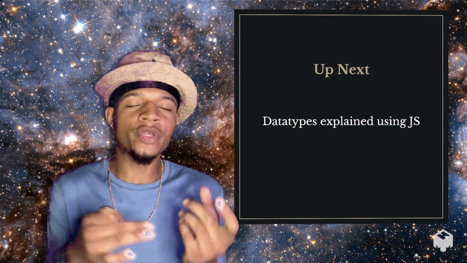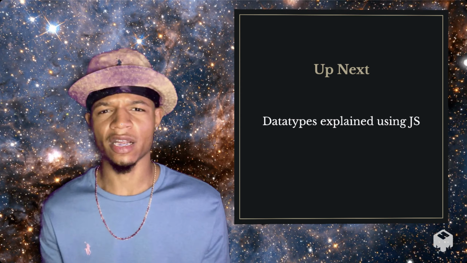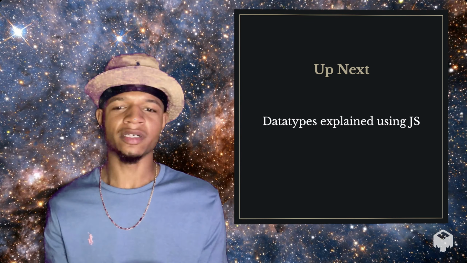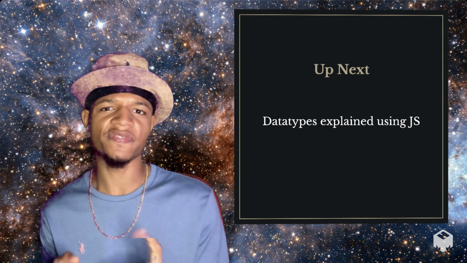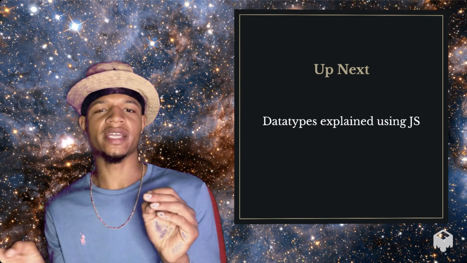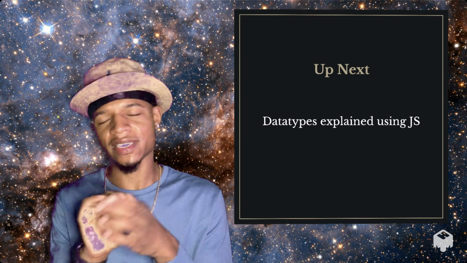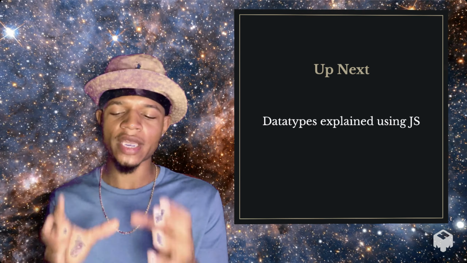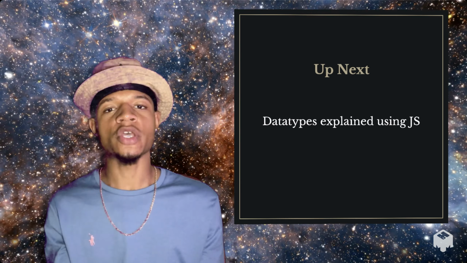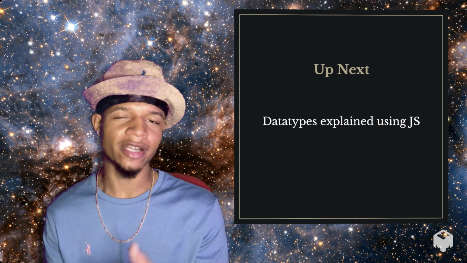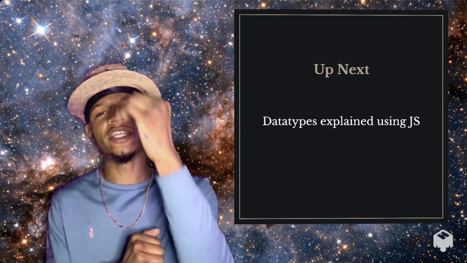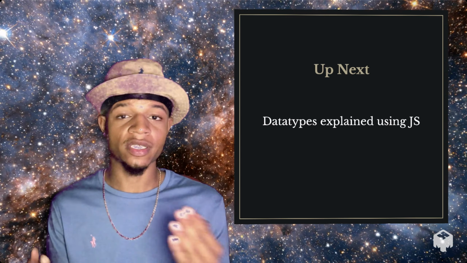So we need to figure out what different types of data there are. There's image data, there's text data, there's video data, there's all types of different data. And so we have these things called data types. So in our next video, we're gonna hop into the different types of data that our variables can hold.